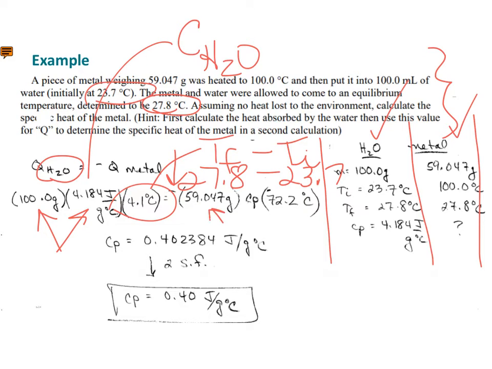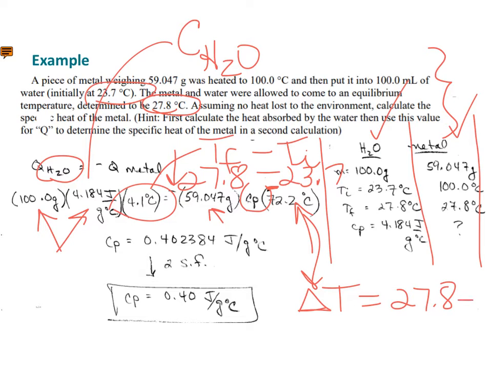Here's the mass of the metal. You're solving for the specific heat capacity of the metal, and this is the temperature change that the metal is undergoing. And I just realized it's not showing very much, but there is a negative in front of the temperature change, because looking at calculating the temperature change the metal undergoes, the final temperature for both is 27.8.